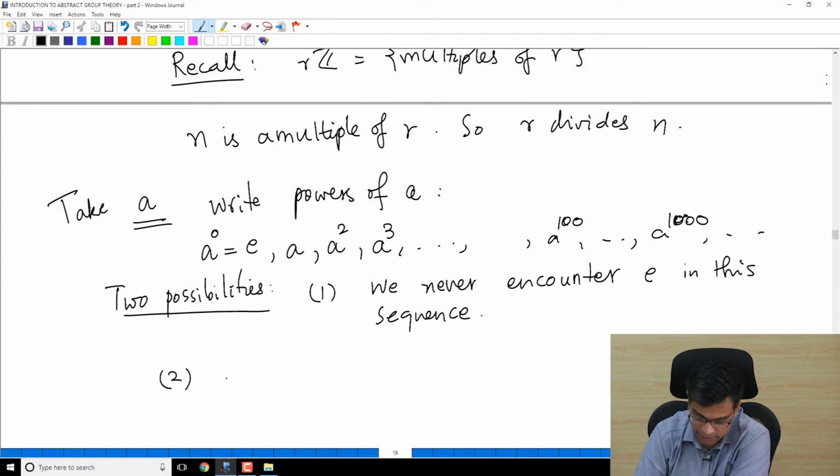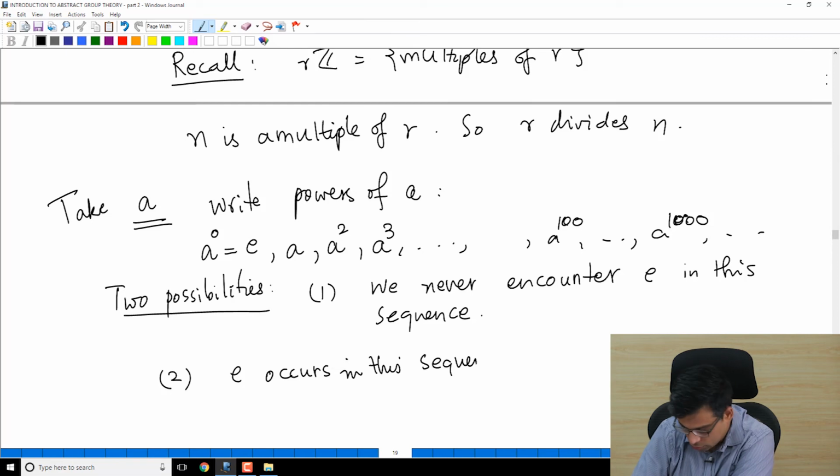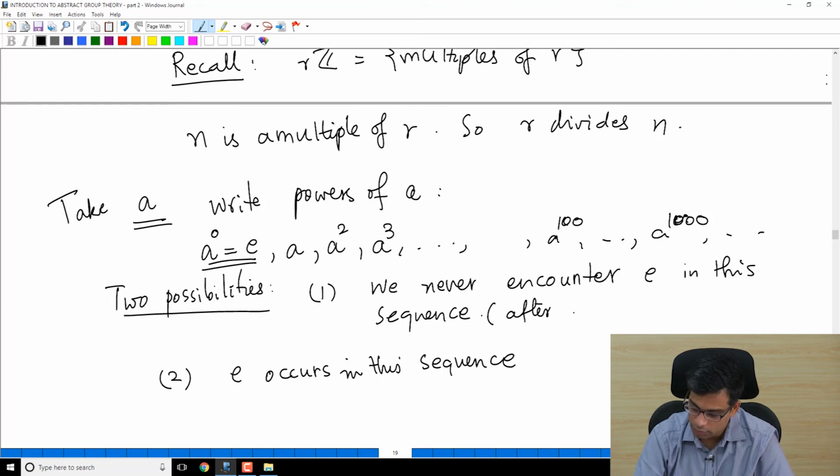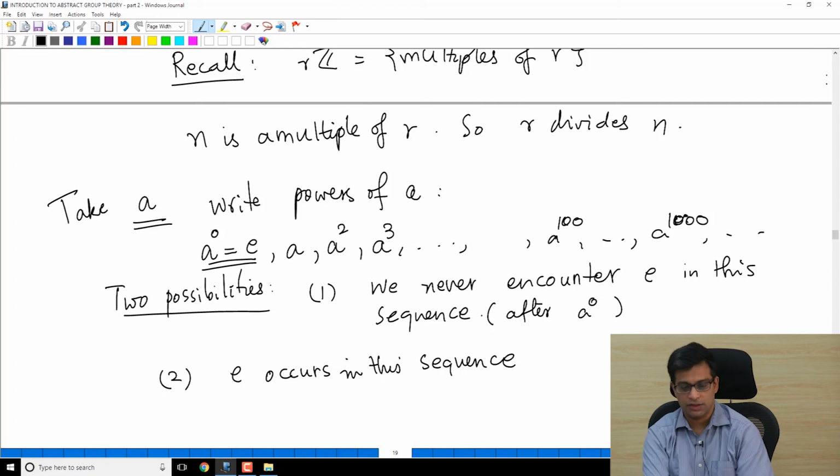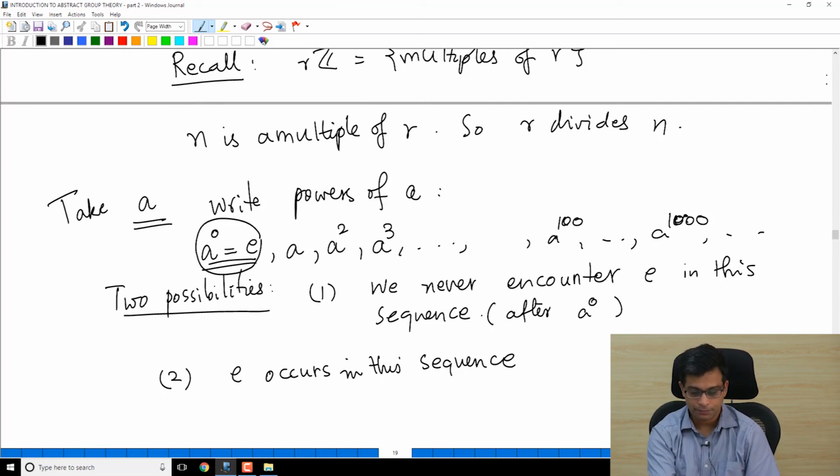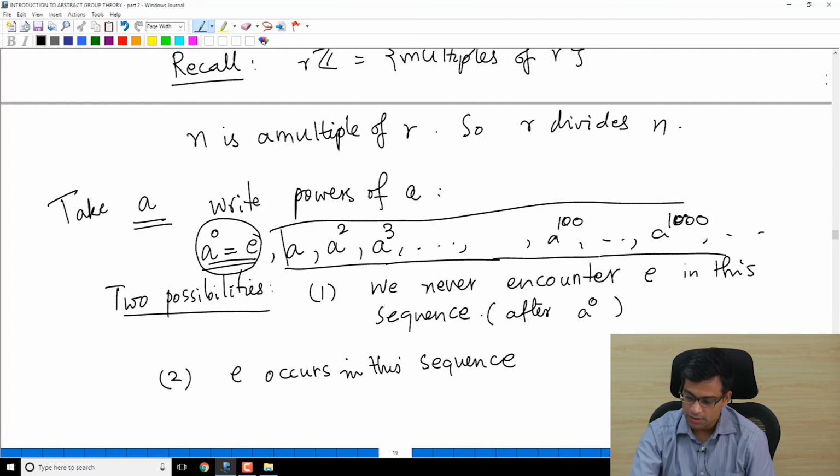The other possibility is that E occurs. Of course, when I say E never occurs, E certainly occurs at the beginning, since A power 0 is E. So we never encounter E in this sequence after A power 0. If the sequence starts with A, either E appears or E doesn't appear.